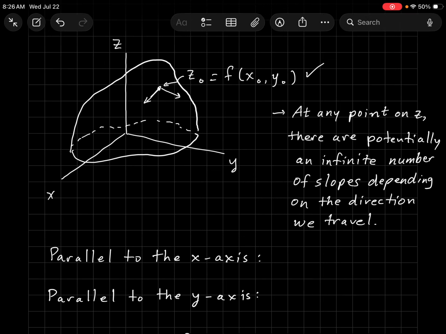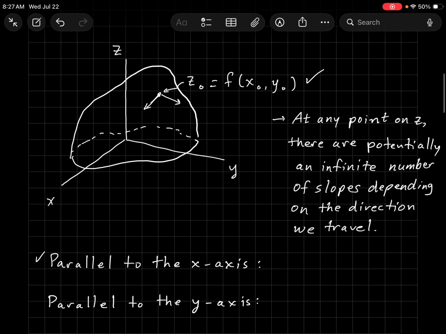So imagine standing at a point on a mountain and just doing a 360-degree turn and noticing that in any of those directions you might be walking at a different slope. Those, by the way, are called directional derivatives. But we're going to look at two particular directions. What if we were to walk or look parallel to the x-axis?